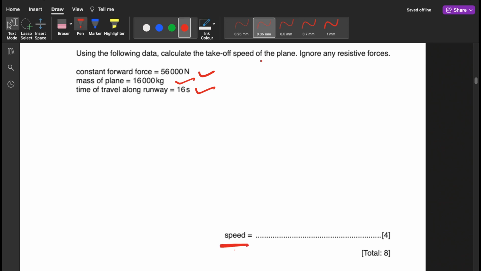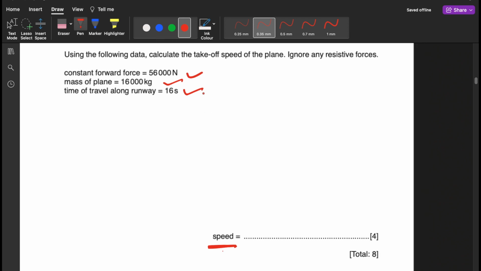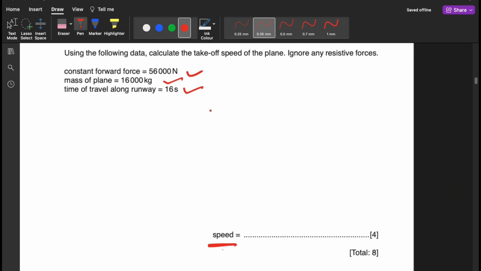Okay, so according to you, what is the method, if you know some of the basic things? First, what do we have to find out? What is force?